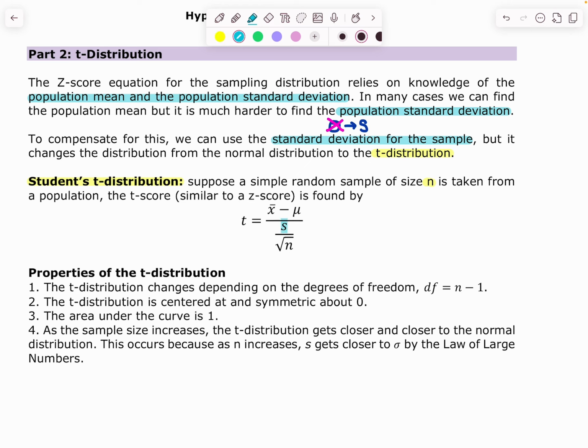So right here, this is the change that we made. We didn't know sigma, so we swapped out sigma for s. And by doing that, we have changed this from a z-score to a t-score.